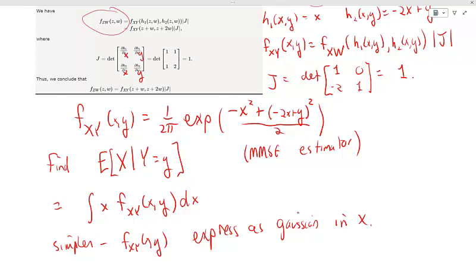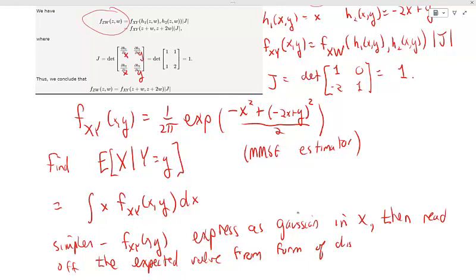You have the exponential of x minus mu squared. In that case, mu is the expected value. So we want to re-express this so that we can read off the expected value from the form of the distribution. Okay, so let's do that.